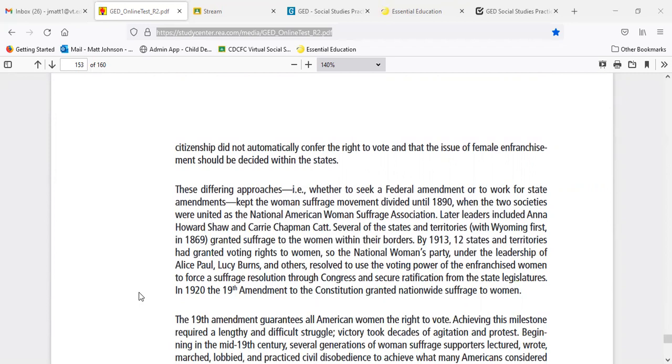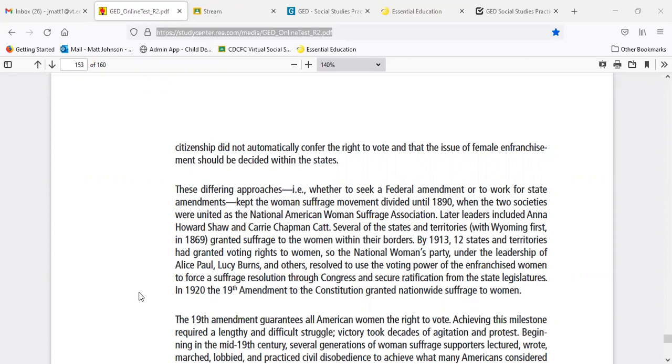These differing approaches, for example, whether to seek a federal amendment or to work for state amendments, kept the woman suffrage movement divided until 1890, when the two societies were united as the National American Woman Suffrage Association. Later leaders included Anna Howard Shaw and Carrie Chapman Catt.